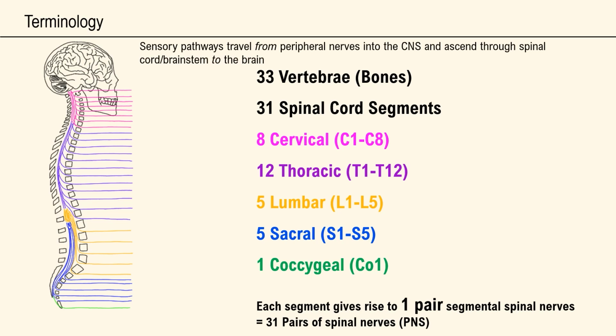Within the grey matter of the spinal cord, these segmental spinal nerves synapse with ascending or descending fibres to or from the brain respectively. We are not interested in the descending fibres today. These are conveying information from the brain to the periphery and are called efferent fibres. But first we will take a look at some of the different neurons found within the nervous system.